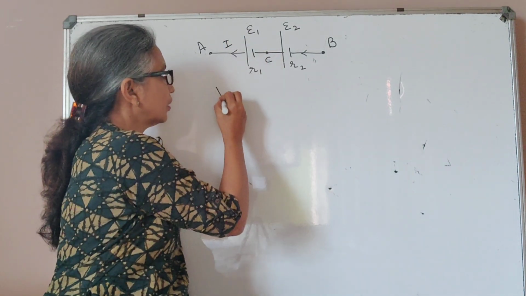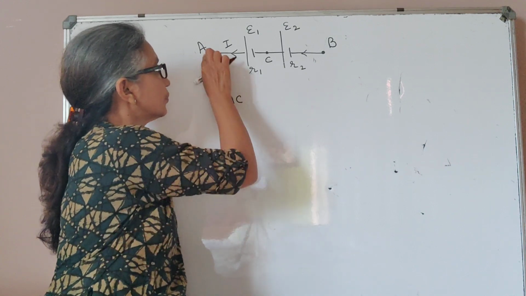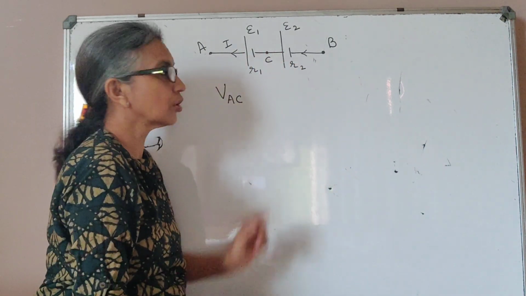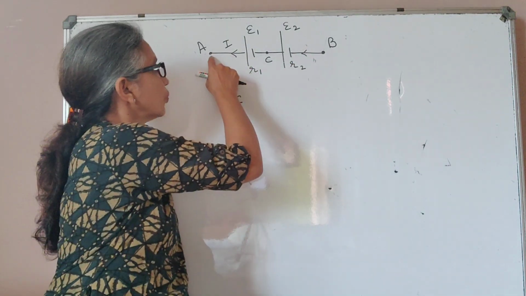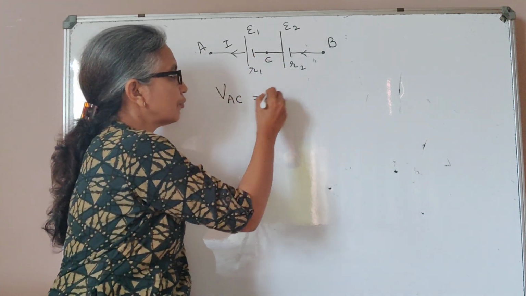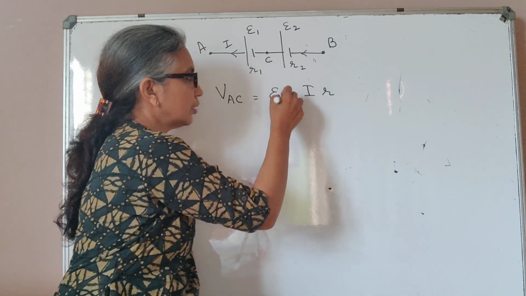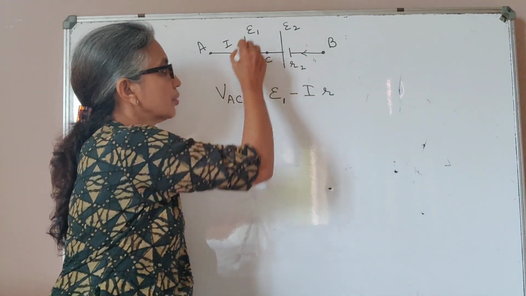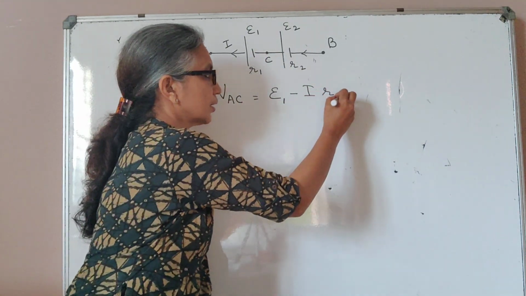If I write the expression for terminal voltage across AC, between this point and this point, we only have one cell. See, this is connected to each other. So we only have one cell between these two points. So in our formula V equals E minus IR, I will denote this as E1 because we are talking about this cell between the two points AC, and this is R1.